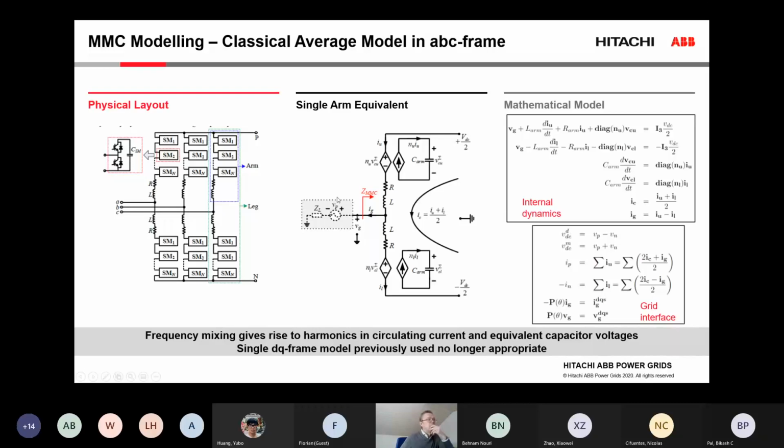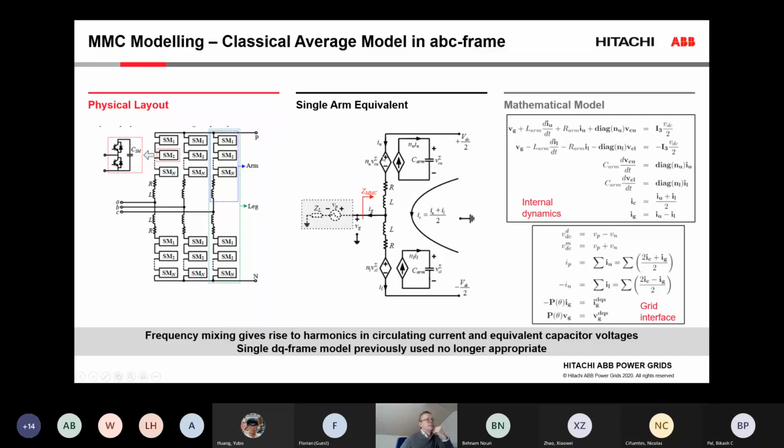And so we can set up a model which will be formulated in terms of the upper and lower arm currents: the current through that valve stack, and the current in the lower arm. Those will be governed by the resistive inductive behavior of the arm inductance.